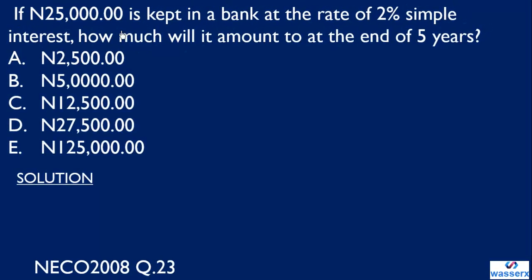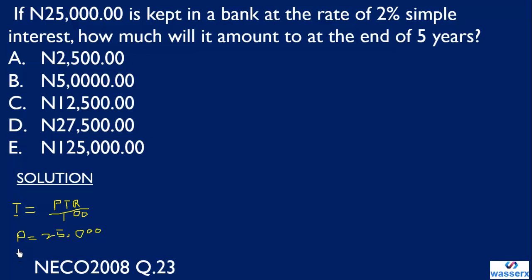Now we have this. If 25,000 naira is kept in a bank at the rate of 2% simple interest, how much will it amount to at the end of 5 years? So we have the simple interest formula, I equals P times T times R over 100. So we know the principal is equal to 25,000 naira.